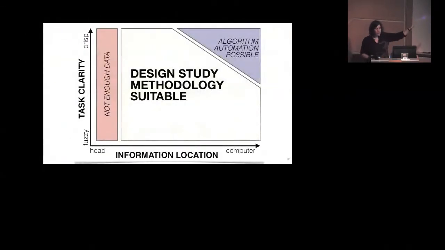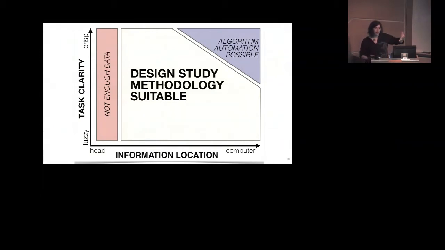But I just want to mention one idea out of this paper, and it alludes back to the question of when would you even do visualization? Because I think that's an important question for audiences like this that are not primarily Viz people. They're people doing something else that are thinking, when should I think about Viz? When might this be useful for my lab? And so we found this, it's a very theoretical abstract diagram, but it's useful to think, when should you use design studies to do problem-driven Viz research or even visualization at all?